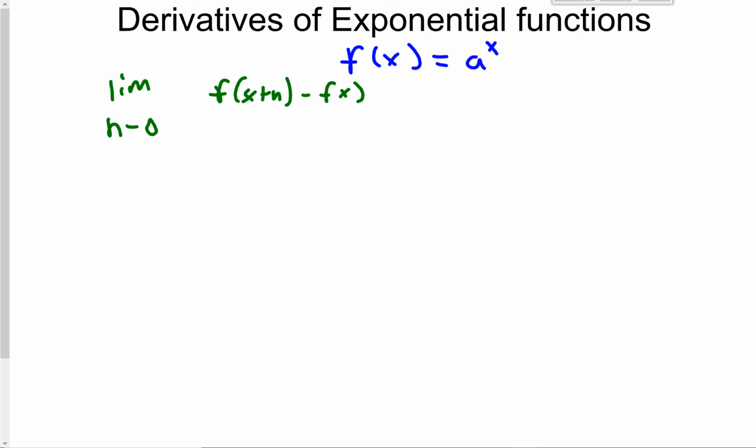All right, so let's take a look at the derivatives of exponential functions. If I have an exponential function, f of x equals a raised to x, and we want to take the derivative of this, we don't know how to do it yet, right? So we have to go back to the limit of the difference quotient, as h goes to 0, of f of x plus h minus f of x all over h.